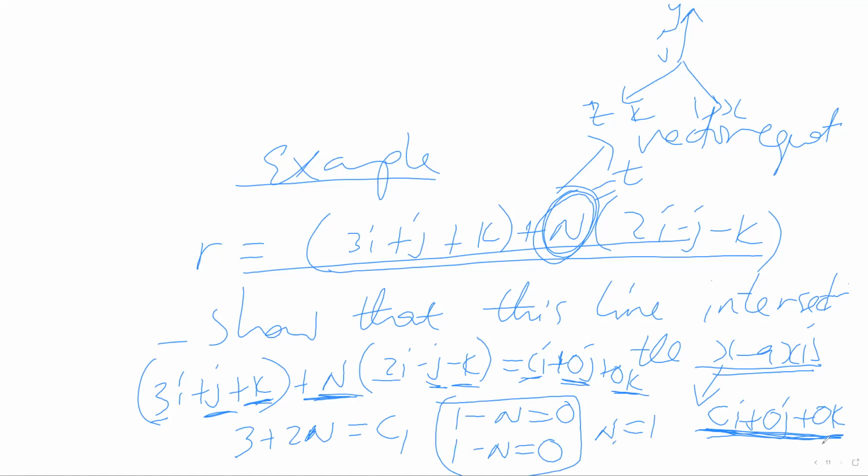Now, if mu is equal to 1, you substitute here to get the value of c, and we find that c is equal to 5. So we found mu as 1 and c as 5. So indeed, this intersects the x-axis because we're able to find some number on the x-axis. That is how we show that the line intersects the x-axis.